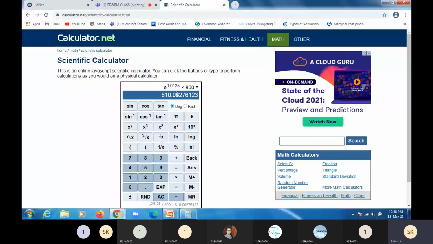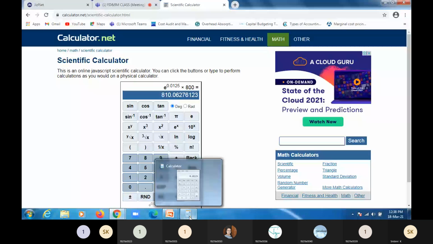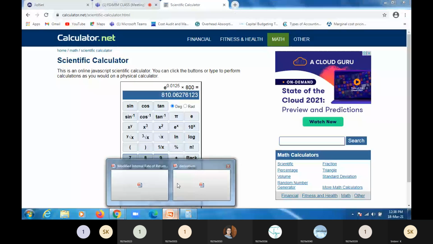If you use the e power symbol on the calculator, it may give you a value like 1 point something. Be careful here.